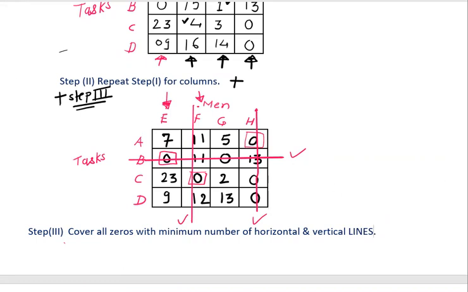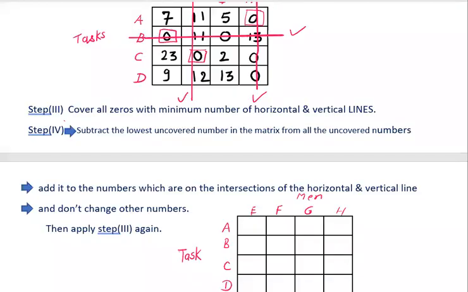Now we apply step number 4. So what is step number 4? Let us see. All right. So this is step number 4.